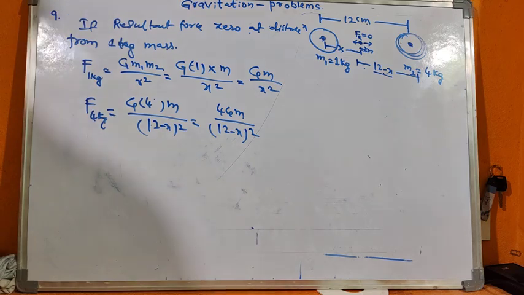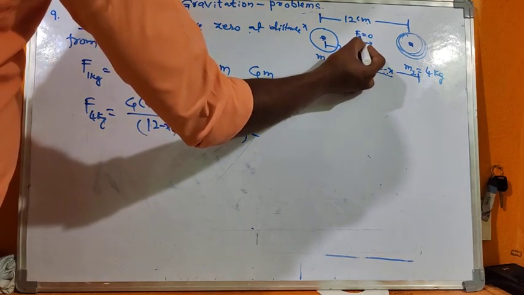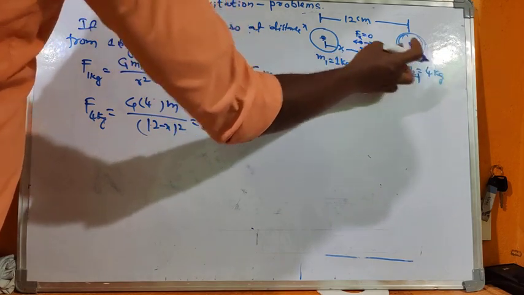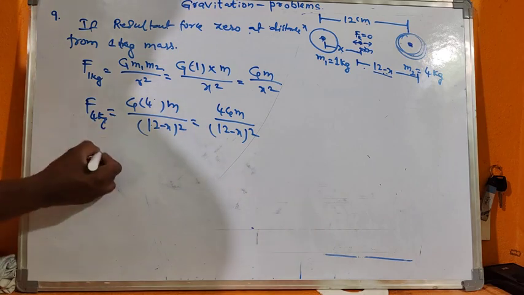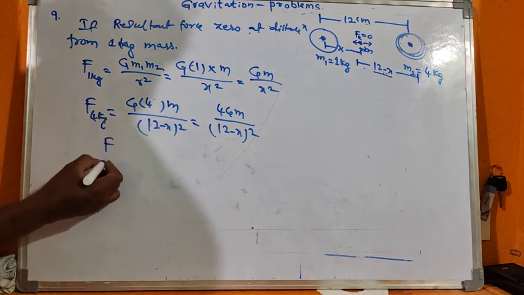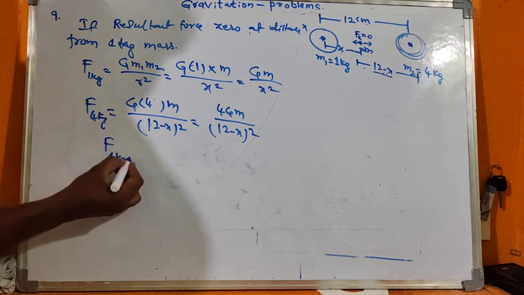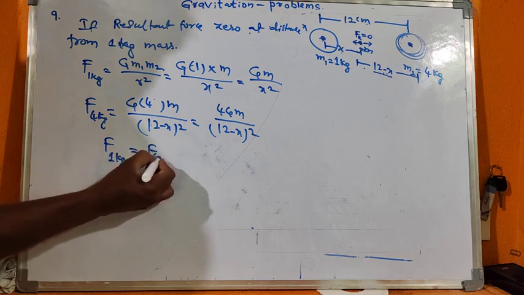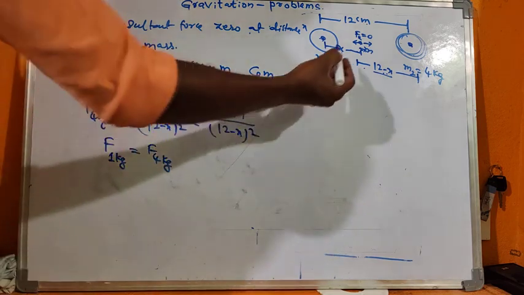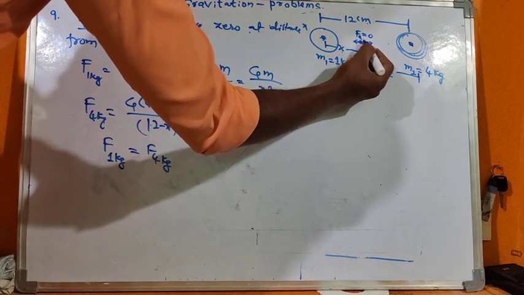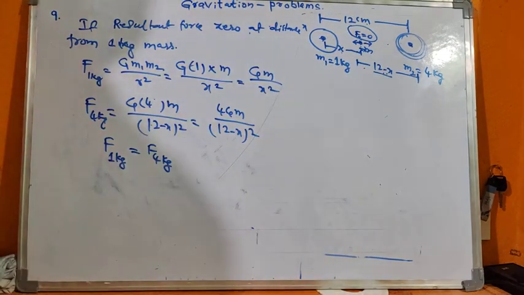According to the question, where the force is equal to 0, the gravitational forces by the 4 kg mass and the 1 kg mass cancel each other. So the force by the 1 kg is equal to the force by the 4 kg; their magnitudes are the same and opposite in direction, so the resultant force is 0.